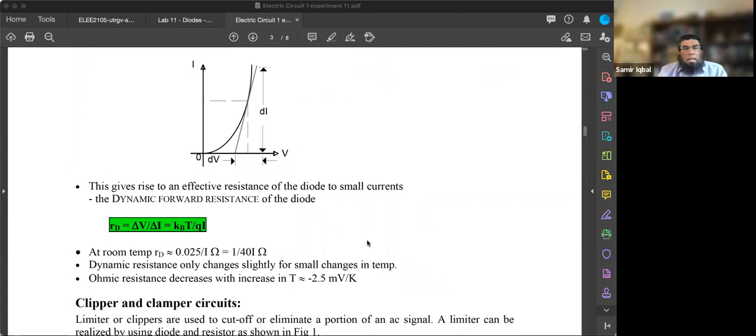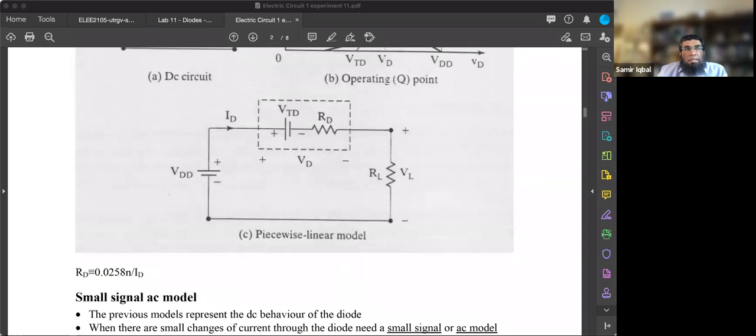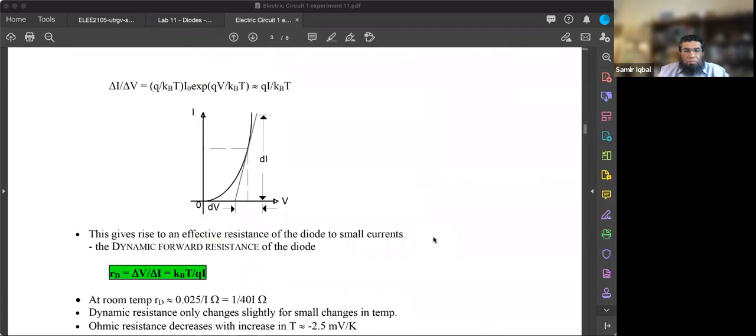When you then model your diode like this, instead of the DC resistance, we use that small RD that we calculated from that relationship on the next page. So in the small signal AC case, we use RD instead of the DC resistance. All right. So just talking about modeling, or if we have to calculate something, that is how we do it with small signal.